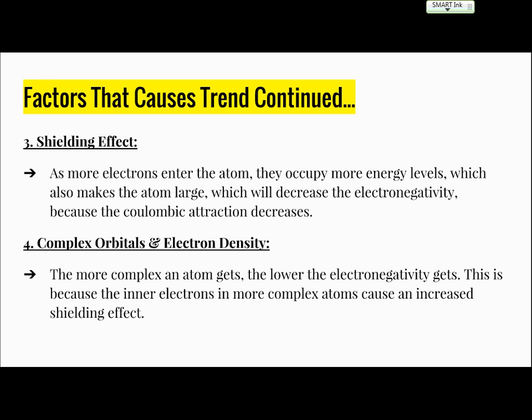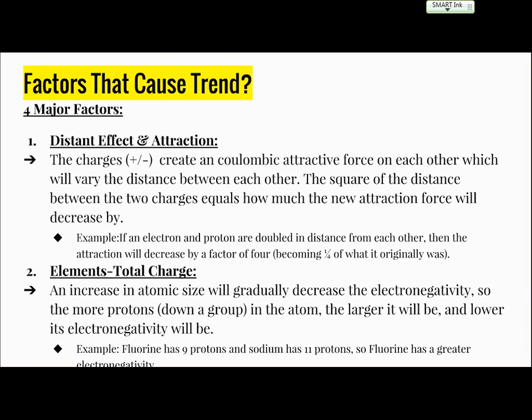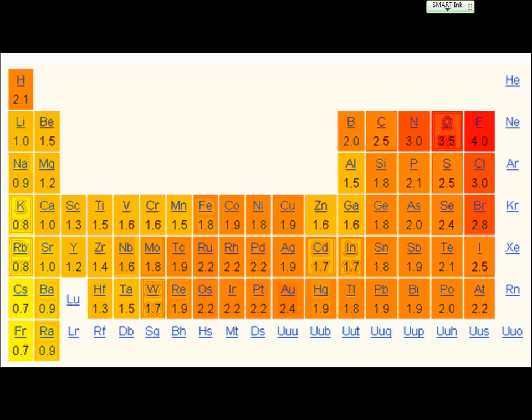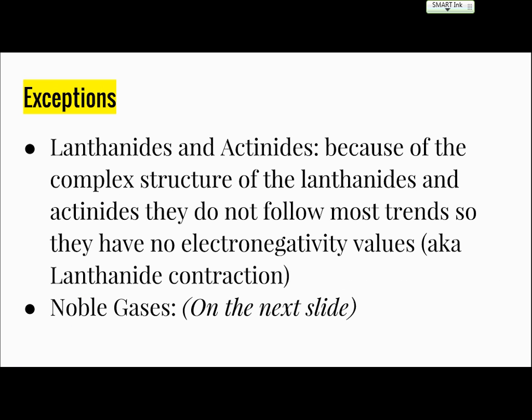When you look at our graph, which I'll show everybody when we're done, there are no values for the lanthanides or actinides because their structure is so complex that they can't have values. There are no values for any of the lanthanides or actinides or pretty much anything beyond, I think, radium, which is also called lanthanide contraction.